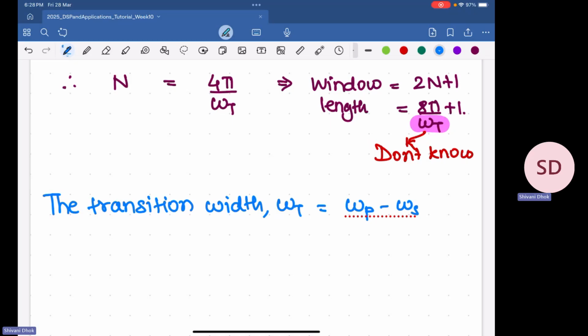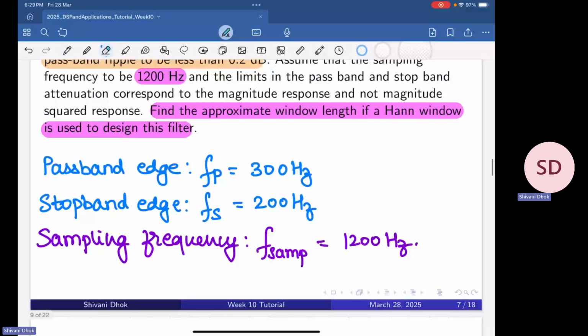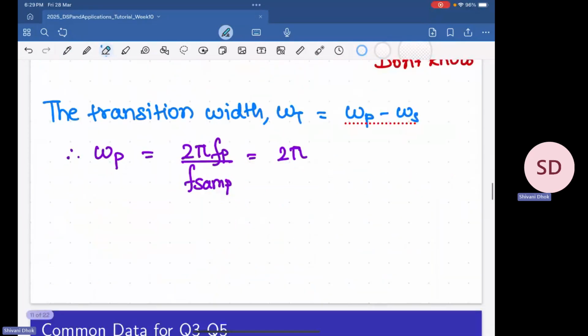Now let us first figure out the value of omega p. So this omega p is equal to 2 pi, we need to normalize them. So 2 pi fp by f sampling, which is equal to 2 pi fp, here given to us as 300 hertz.